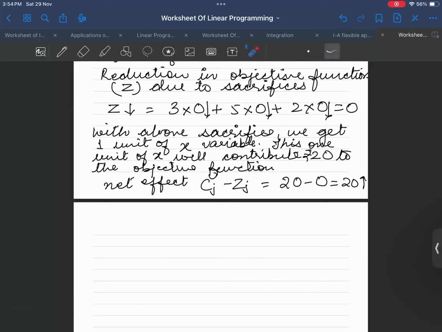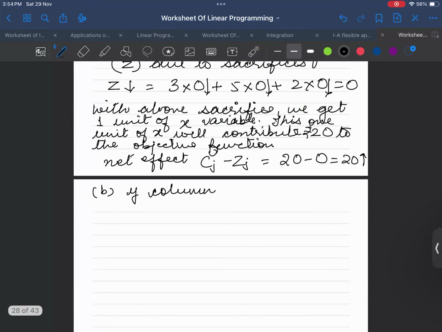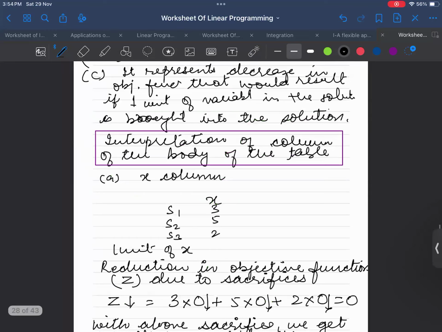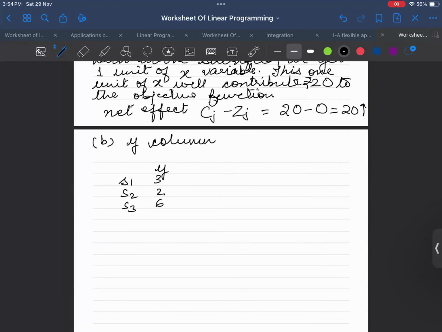Let's say the y column. The same explanation, but understand it again. Here I will write y, S1, S2, and S3. The values are 3, 2, and 6. Again, I'm explaining the same way. If 1 unit of y is introduced in the solution, right now y is 0, but I want to introduce it into the solution.